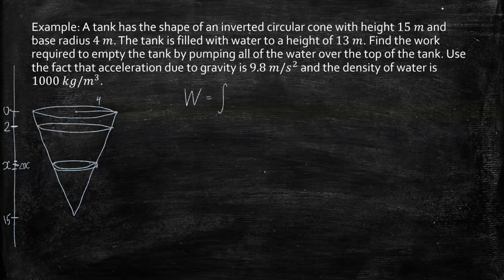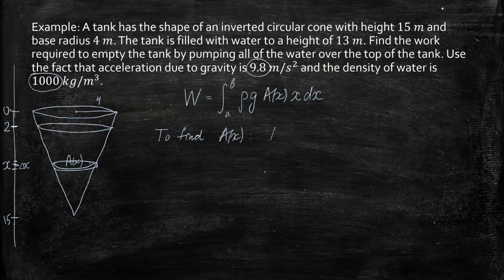We're going to be integrating from a to b, rho g A of x times x dx. Rho g are constants. This is g, this is rho. x is the variable. The only thing we don't know is the area of this cross section, and to find the area we might have to do some geometry.